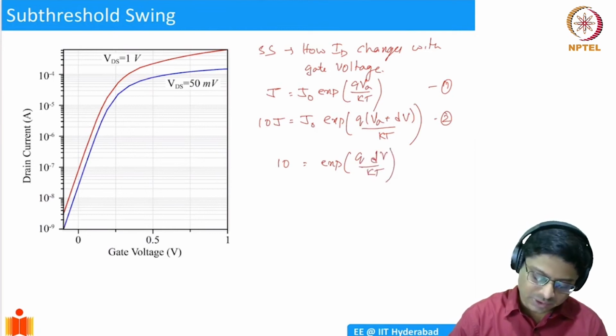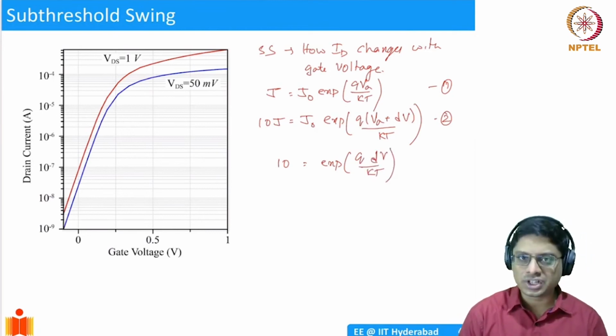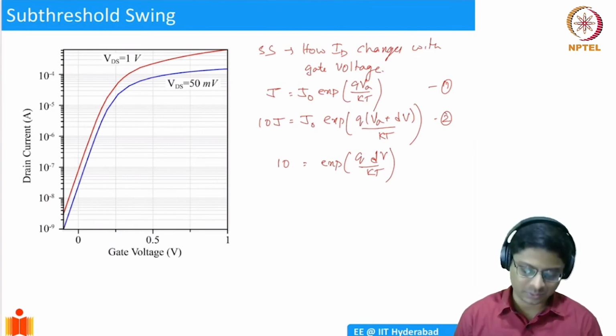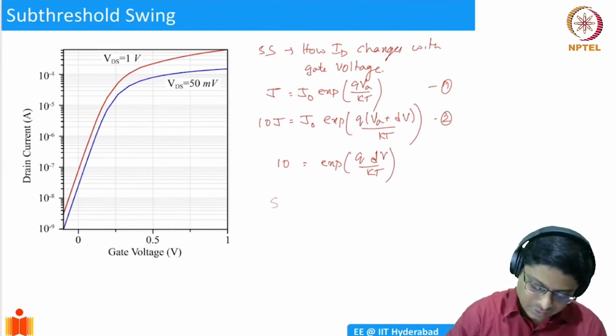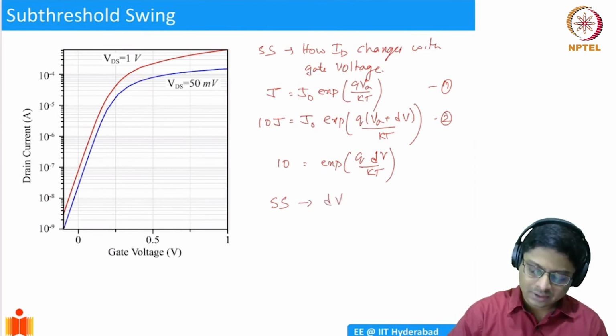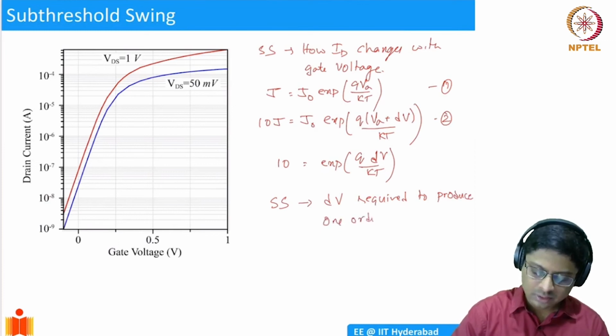So this delta V, the gate voltage change required to produce one order of change in the drain current, is known as subthreshold swing. So I'll define subthreshold swing as delta V required to produce one order change in drain current.